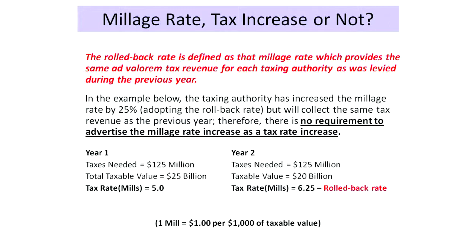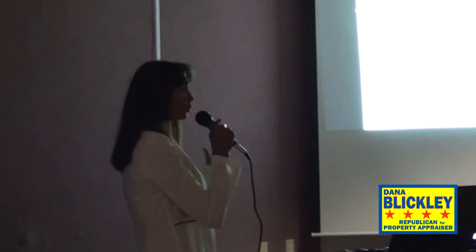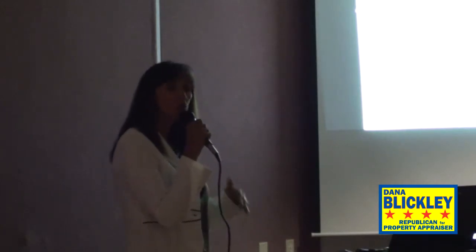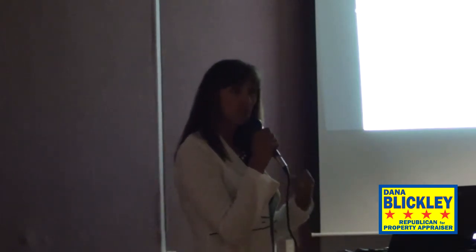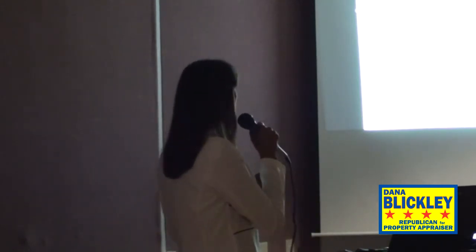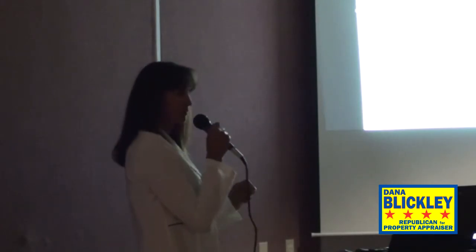Still going to fund everything you funded the previous year. But your taxable value has dropped to $20 billion. Now your rollback rate, the rate which is required by all taxing authorities to calculate in order to realize the same amount of money as the previous year, is now 6.25.